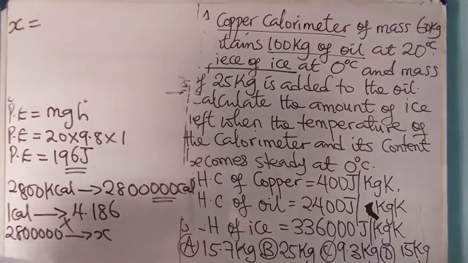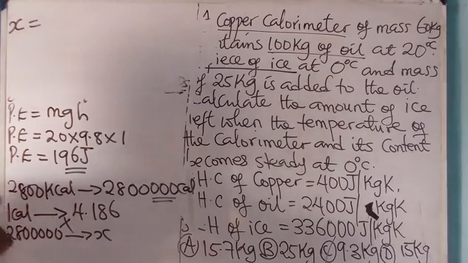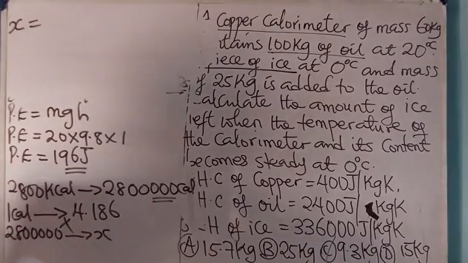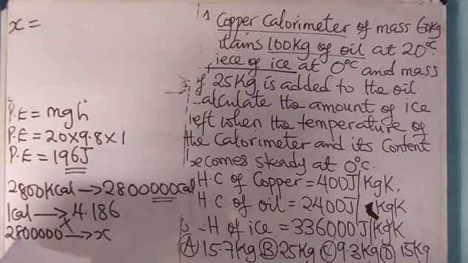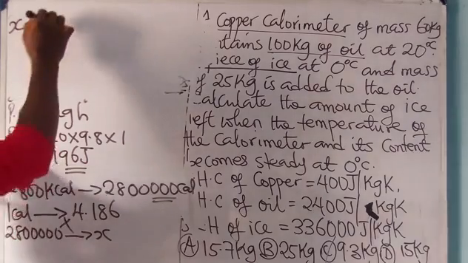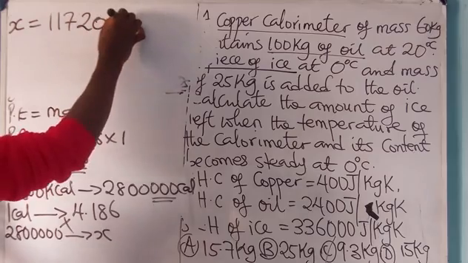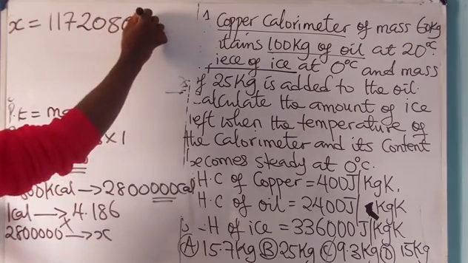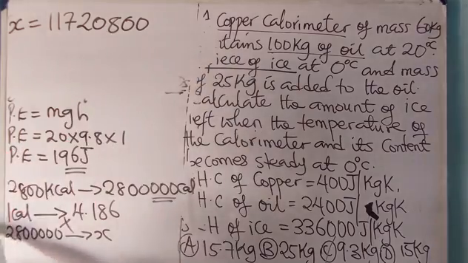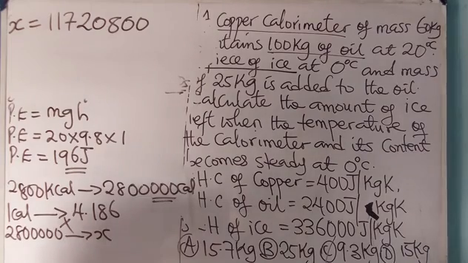Please take note, 1 calorie is equals to 4.186. So I have 2,800,000 times 4.186 equals 11,720,800. And they said how many times would he lift up the mass?